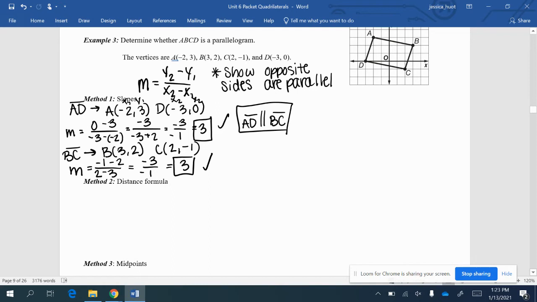Okay, but both pairs of sides need to be parallel. So now we have to work on AB. A is at -2, 3. B is at 3, 2. If you need to, label your points like I am doing to follow the equation.